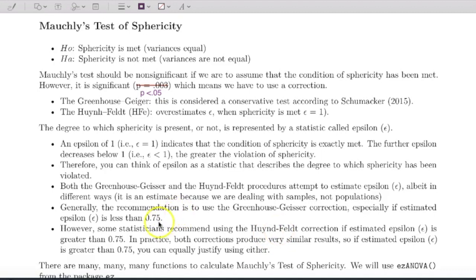In my experience this one is always close to 0.75, and then I end up reporting this one anyway. I do think there's a benefit of reporting the Greenhouse-Geisser if you want to be very conservative about your results.